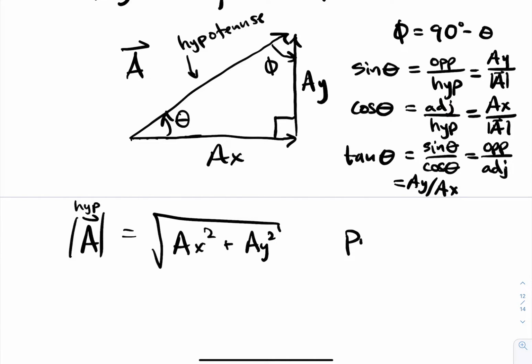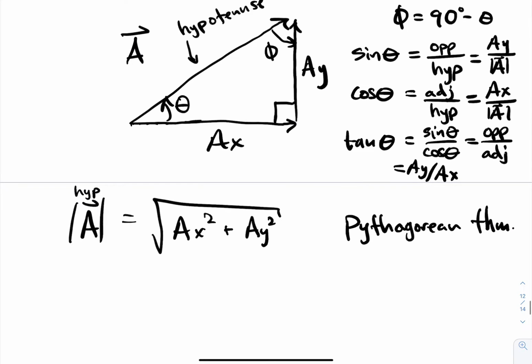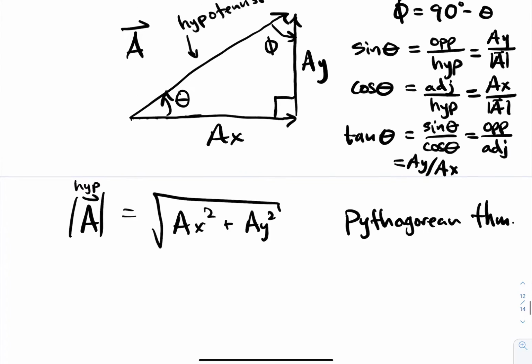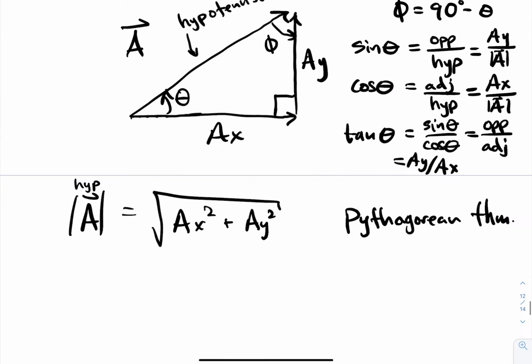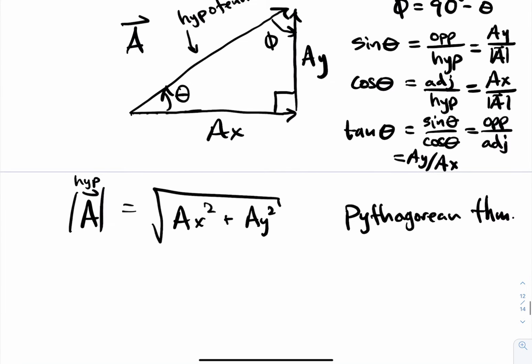And that's the Pythagorean theorem. And so you'll definitely need to use those often. Anytime you want to represent a vector or solve vector math, you're going to end up probably having to use trig.